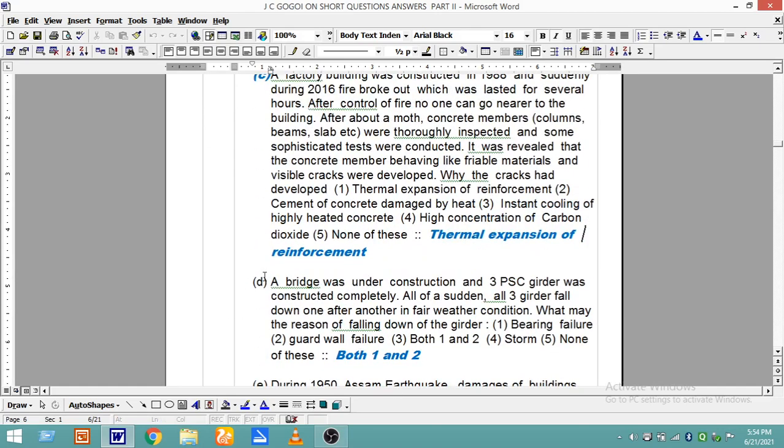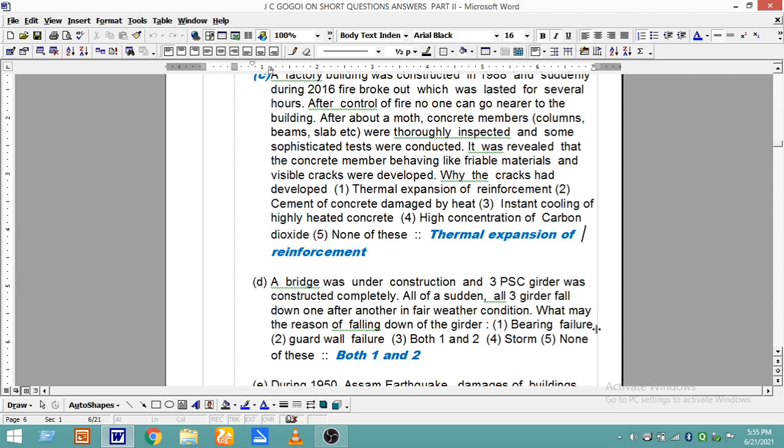A bridge under construction, and 3 prestressed girders were constructed completely. All of a sudden, all 3 girders fall down one after another in fair weather condition. What may be the reason of falling down of the girder?